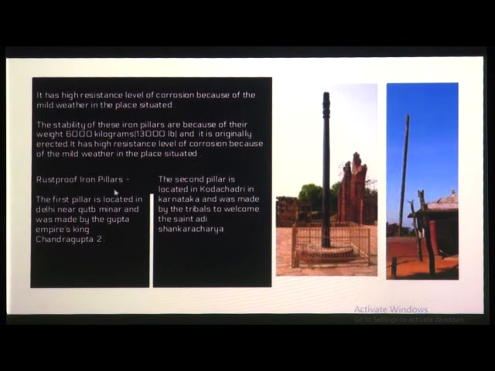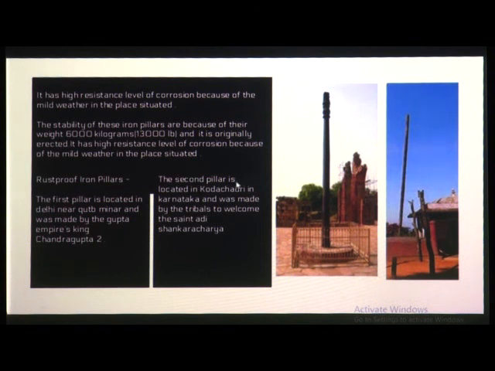So these are rust proof iron pillars. From so many years these have stood, and they have a heavy weight of 6,000 kilograms. The first pillar is located in Delhi near Qutub Minar and was made by the Gupta Empire king Chandragupta II.